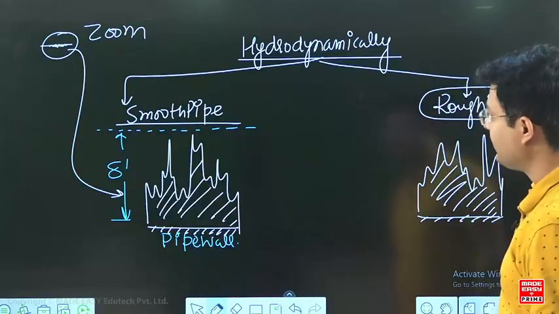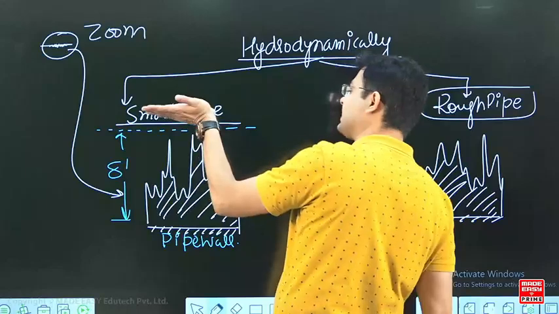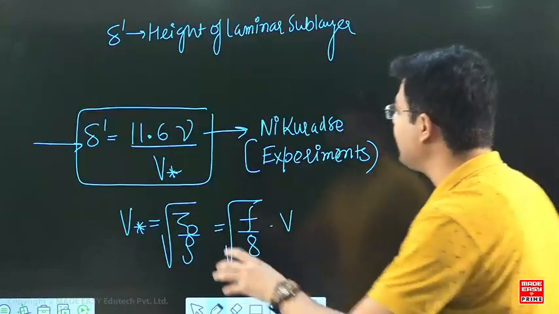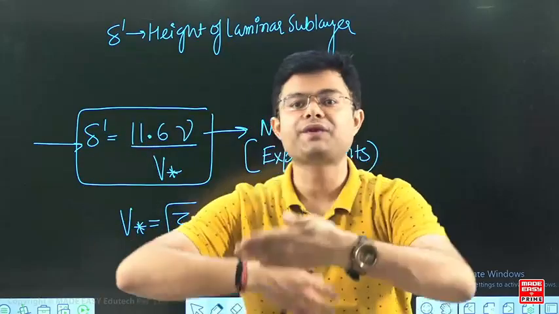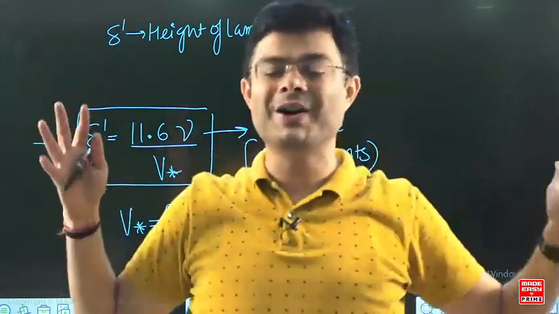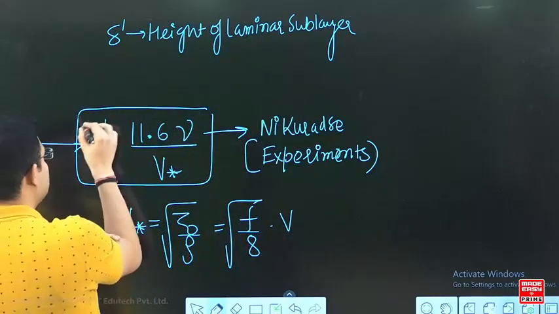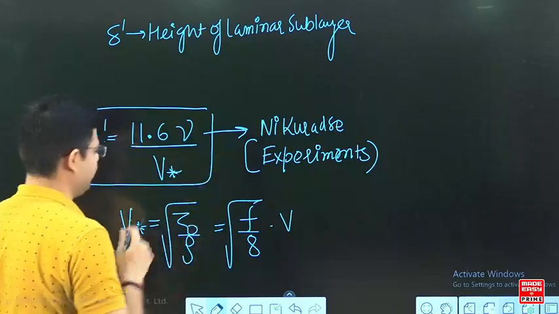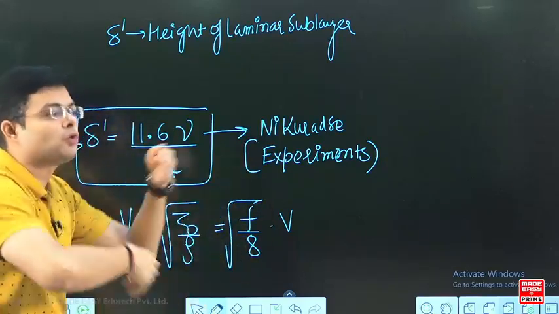Now look here. If this height is delta dash, can you see that delta dash height is not fixed? It will change from flow to flow. What a wonderful thing. Look, this delta dash is going to vary from flow to flow.